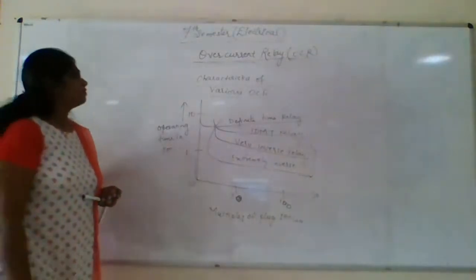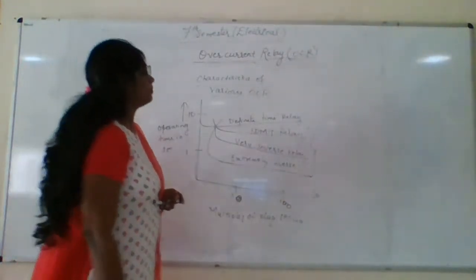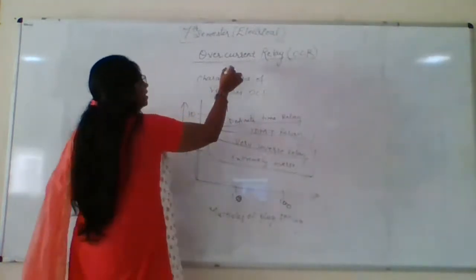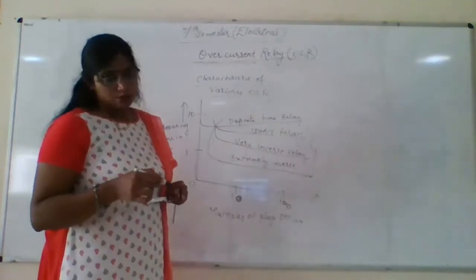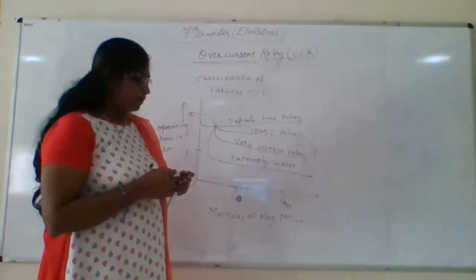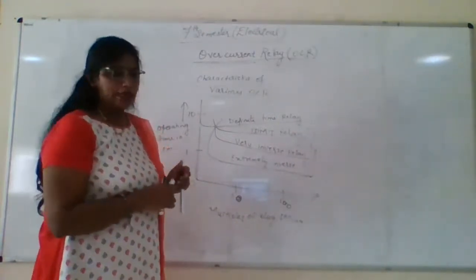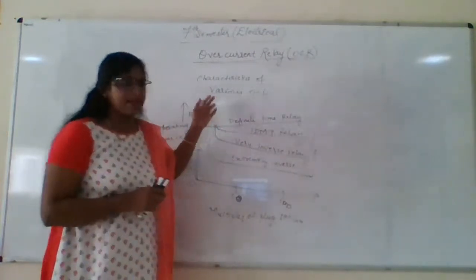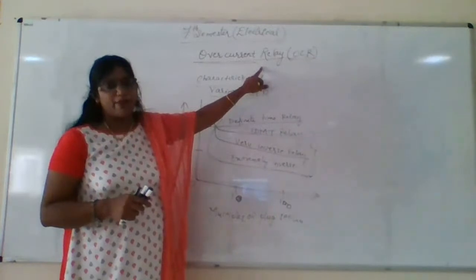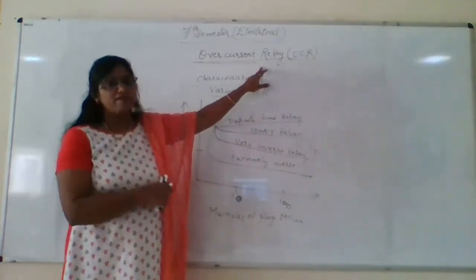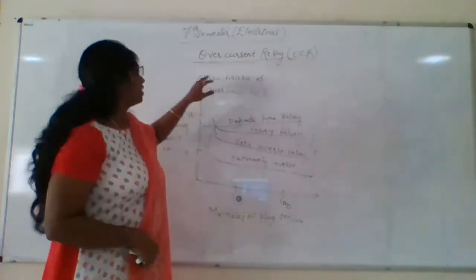So I believe that covers all the topics we covered today. We are saying, what is an overcurrent relay? An overcurrent relay is the relay which will operate when the preset value of the current has been exceeded, with a certain time span or permissible value allowed to that particular relay.